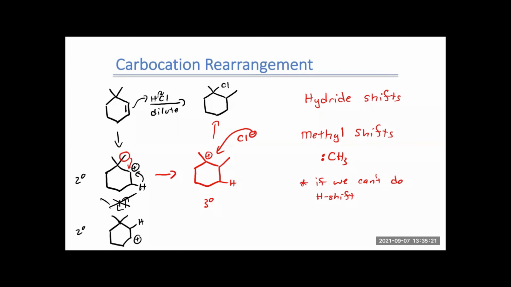Because it takes a lot more time and energy to move the methyl group versus a hydrogen. But occasionally you can do that, as long as it's the correct conditions, usually dilute, we can get a methyl group to shift over. So now hopefully you can start thinking about the mechanism for electrophilic additions.